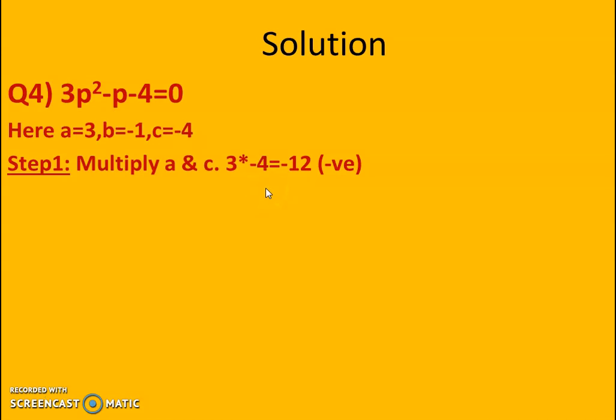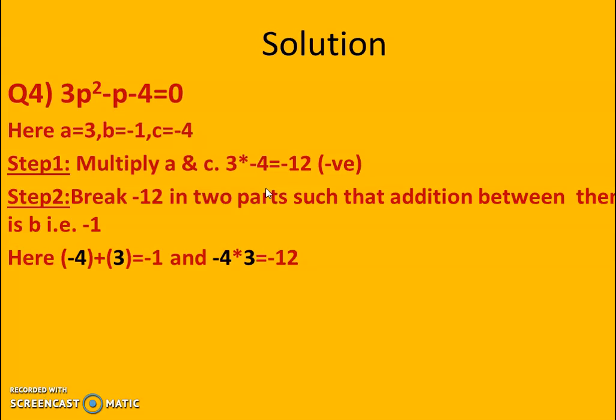So we can break -12 into -4 and 3, because it is clearly visible that when we add -4 and 3 we get -1, and that is the coefficient of p and value of b. And when we multiply -4 and 3 we got -12, and that is the result after multiplication. So in this particular case we have -4 and 3.